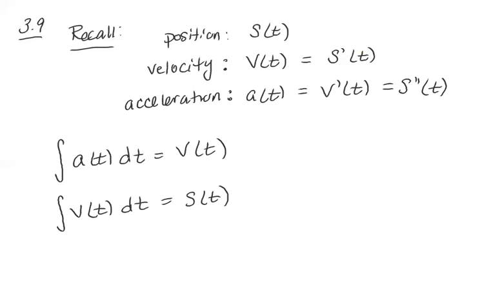Okay, so you might be thinking, why did I not add an arbitrary constant to the end of each of these? Very commonly, when I am faced with a problem involving position, velocity, acceleration, and asked to use integration to find velocity or position, I'm also given an initial value by which I can find that arbitrary constant c.